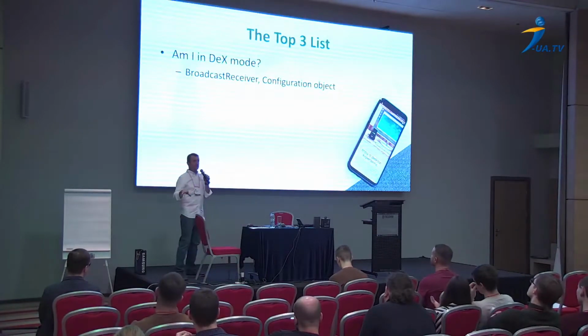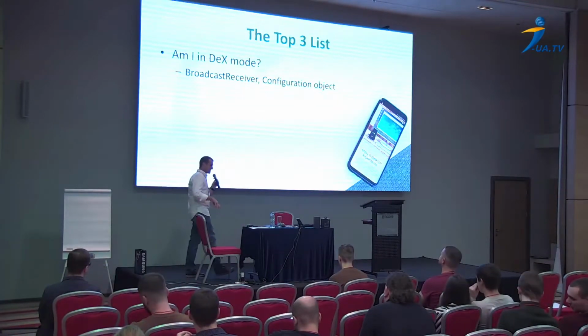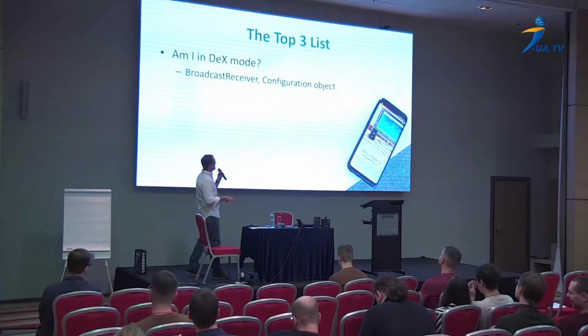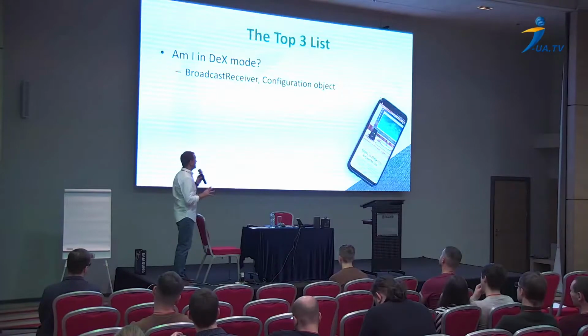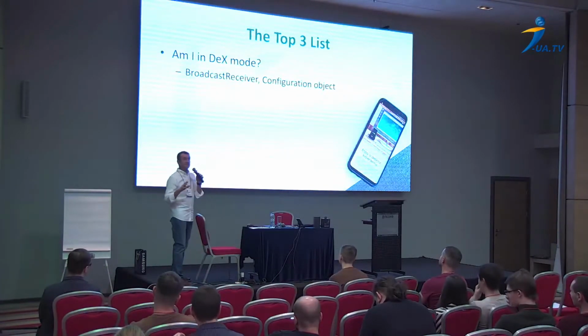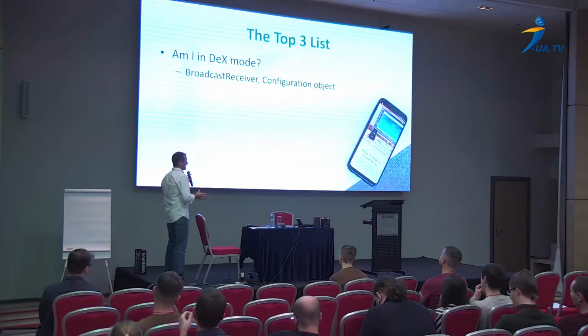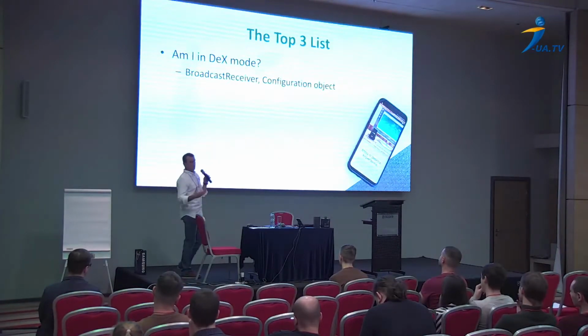So we'll have the Q&A, questions and answer session after this presentation. But generally, these are the questions that we historically have been asked the most often. Is there any way to detect in my application if I'm in a desktop mode?